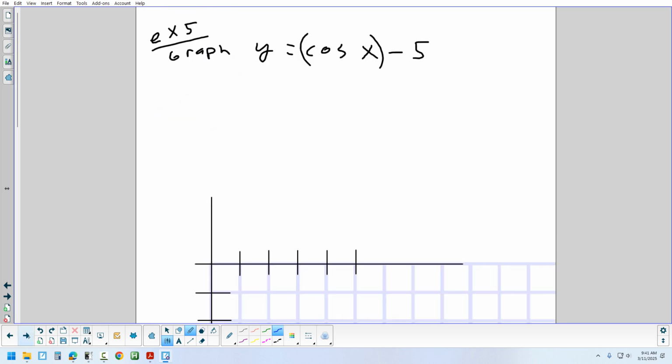Let's try one more. We did a sine function with a shift. Let's try a cosine. Now this one has parentheses. So does that make this one a phase shift? Why not? I thought parentheses made it a phase shift. Because the cosine and x are there. Right, it's not just having parentheses.